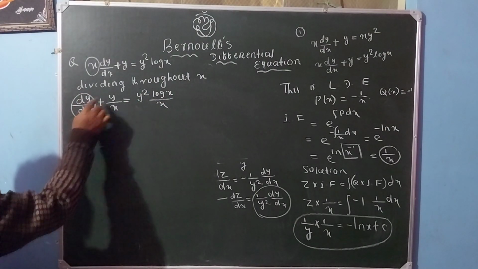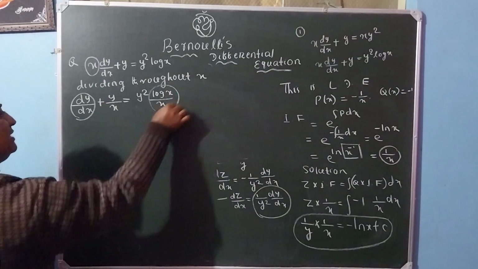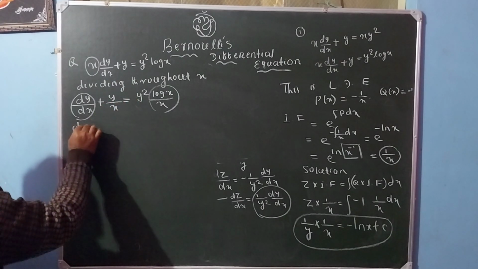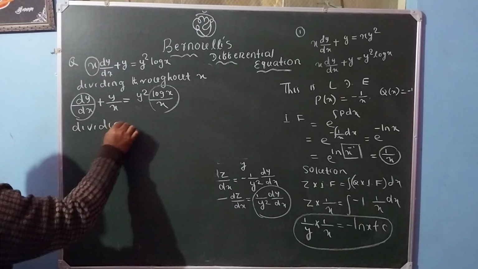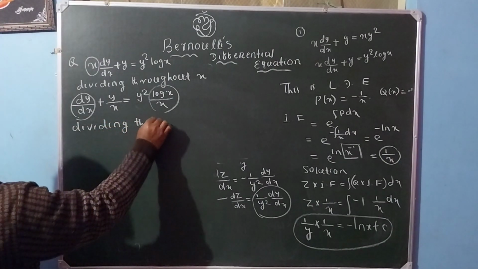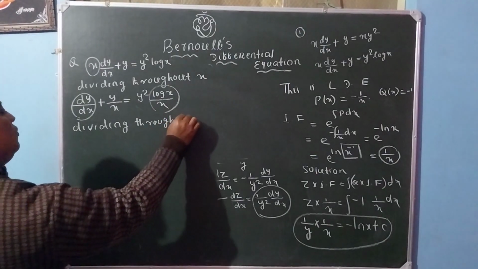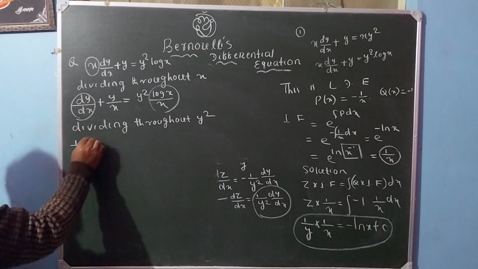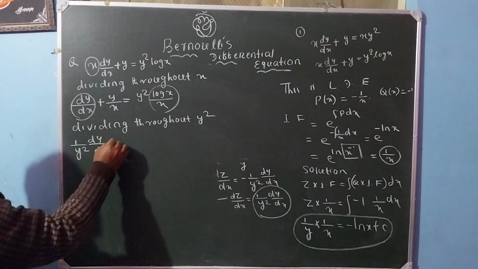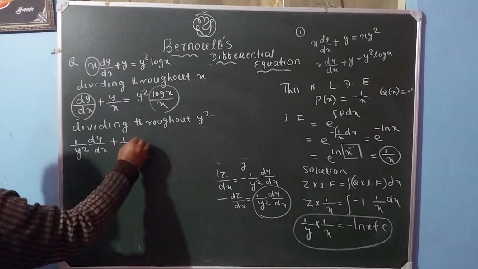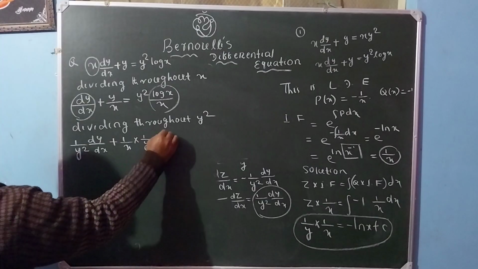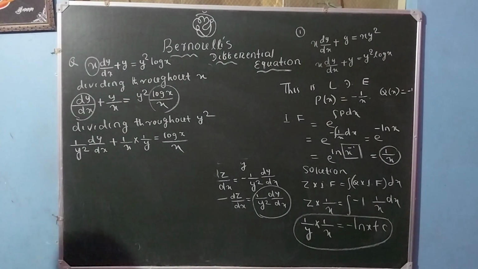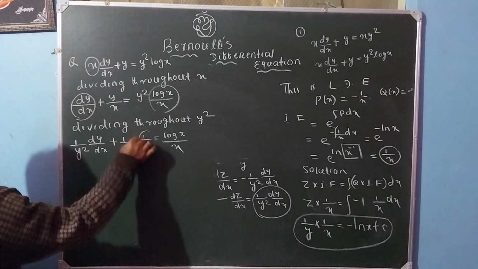First of all, we have to divide throughout by y square. So 1 by y square into dy/dx plus 1 by x into 1 by y is equal to log x by x. Now we take 1 by y as z.